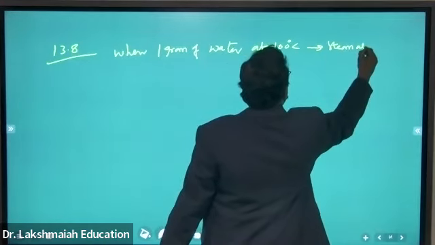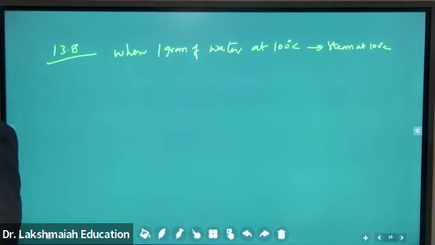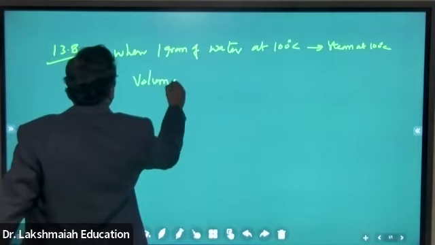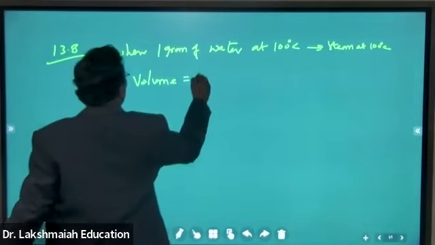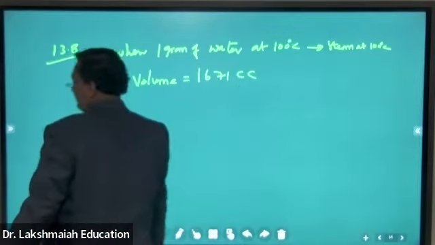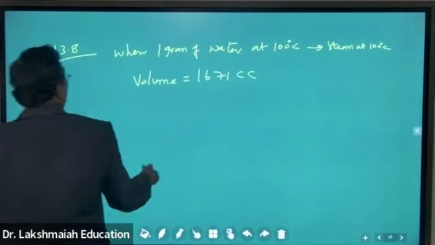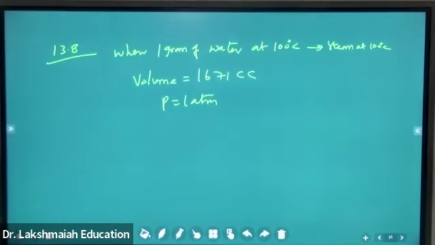converted into steam at 100 degrees centigrade, comma, it occupies a volume of 1671 cubic centimeter at normal atmospheric pressure.